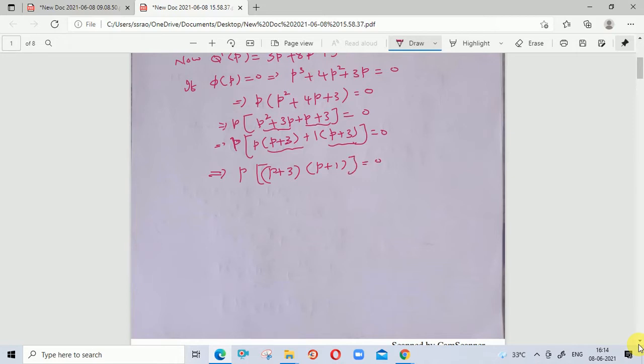So that implies we have p is equal to 0, p is equal to minus 3, p is equal to minus 1.